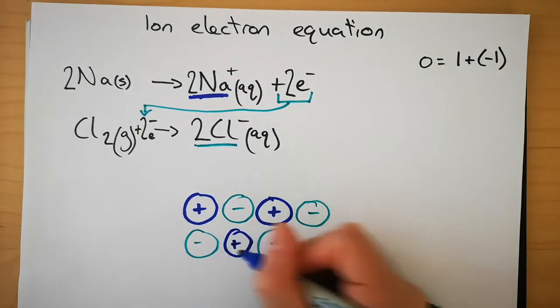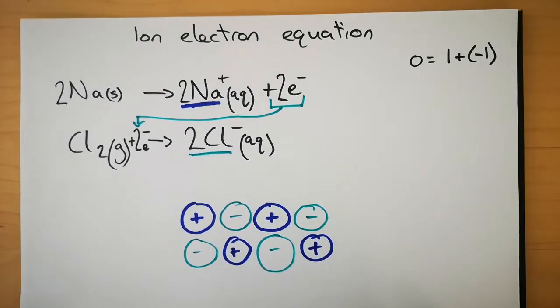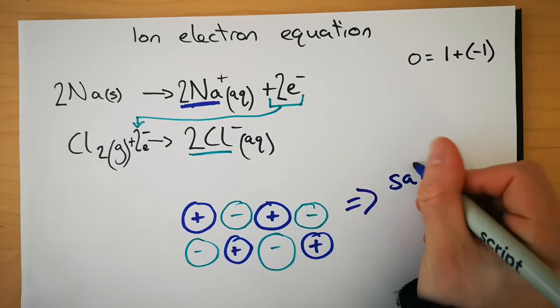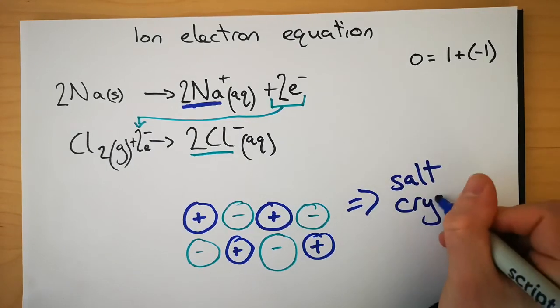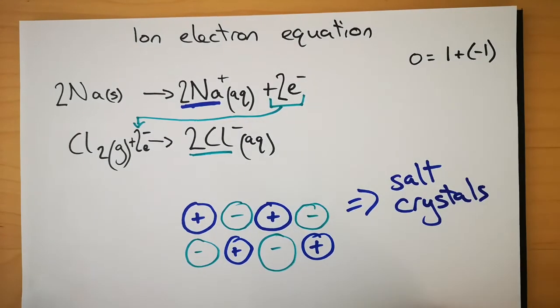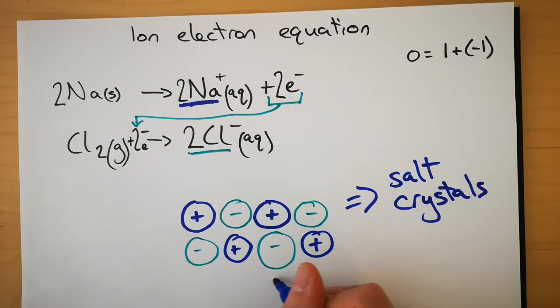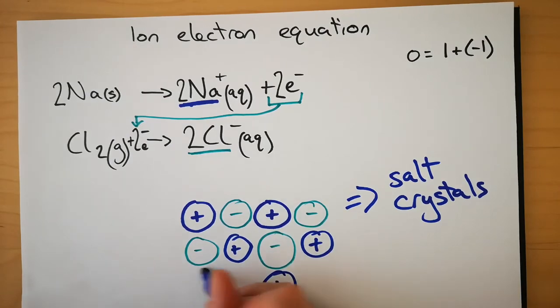And that will form our crystal lattice, and that would be the salt crystals you saw just beforehand. They formed when the water evaporated and the crystal lattice structure appeared.